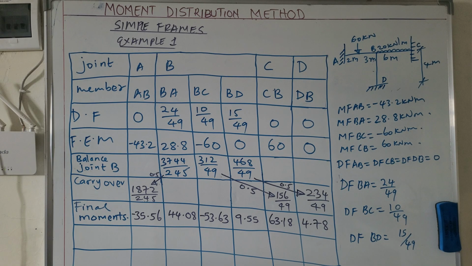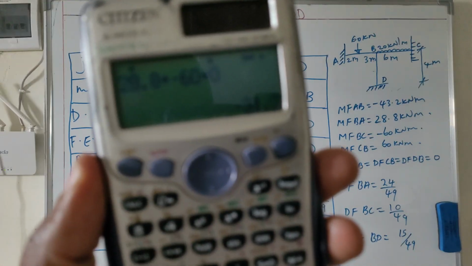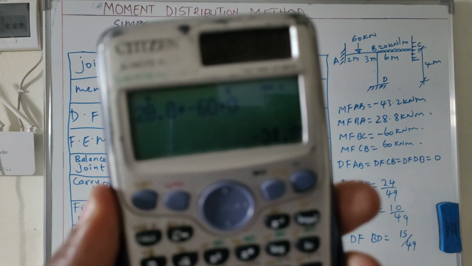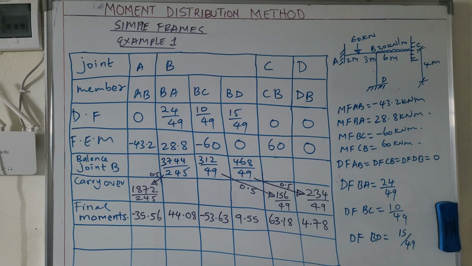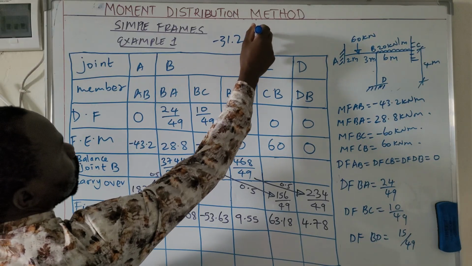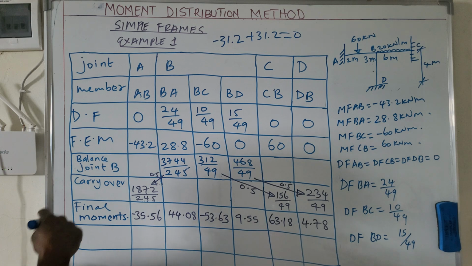So what should you do to this negative 31.2 so that it gives you 0? If you take negative 31.2 plus 31.2, it is automatically equal to 0.